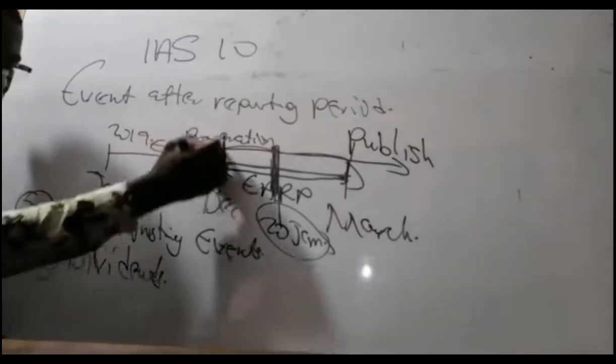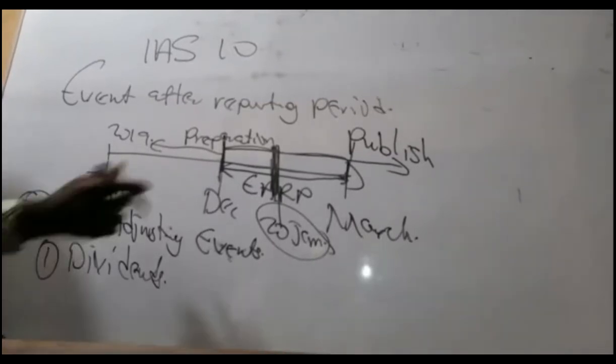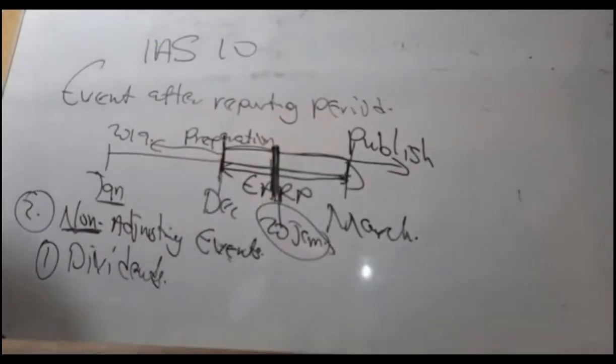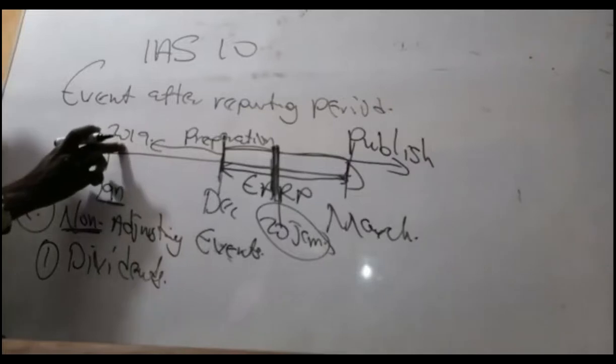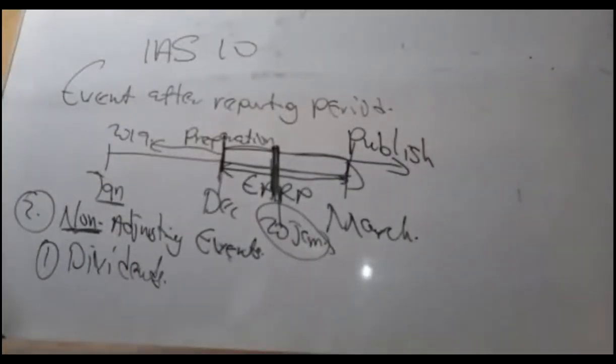So before the year end, we can go ahead with our operation without declaration of dividend. So the standard is saying that the dividend belongs to the year in which you declare it. Even if I declare 2019 dividend in 2020, it's for 2020. It must be in the 2020 financial statement. So it qualifies to be a non-adjusting event.